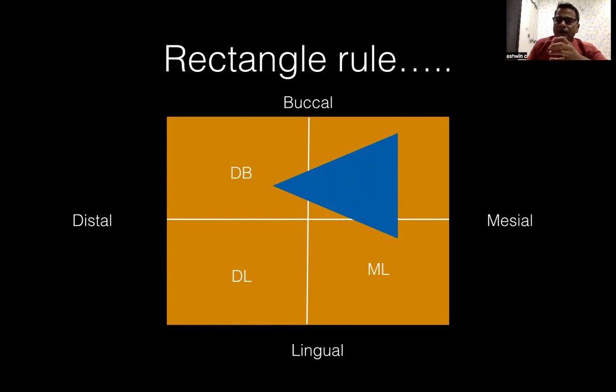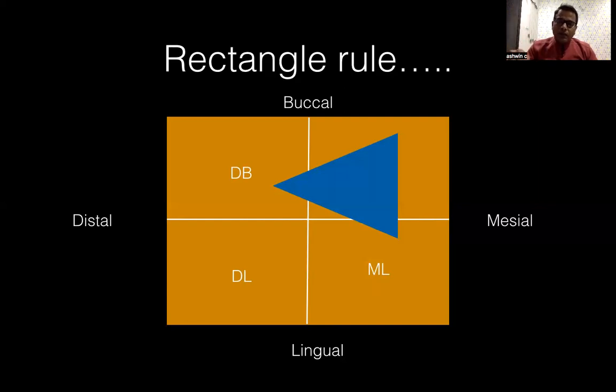It's a big canal. Where does it lie? It does not lie too much on the distal side. It is somewhere in the middle or a little distal to the middle of the access opening, or the middle of the tooth, you can say. Now, where will you get the mesiobuccal canal? The mesiobuccal canal is right below the mesiobuccal cusp, on the buccal side.